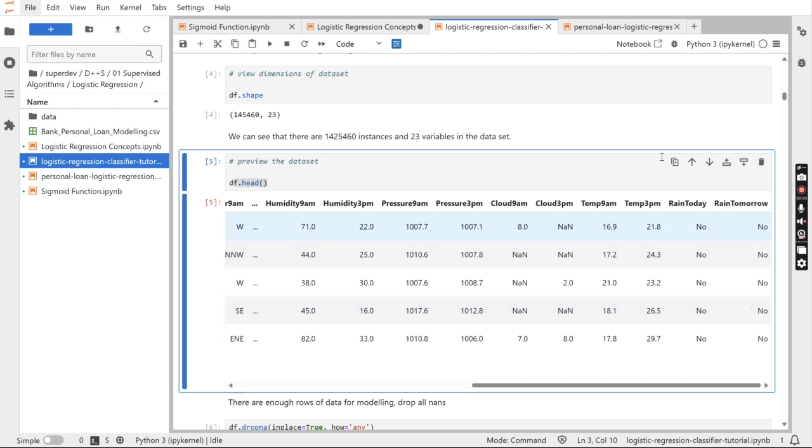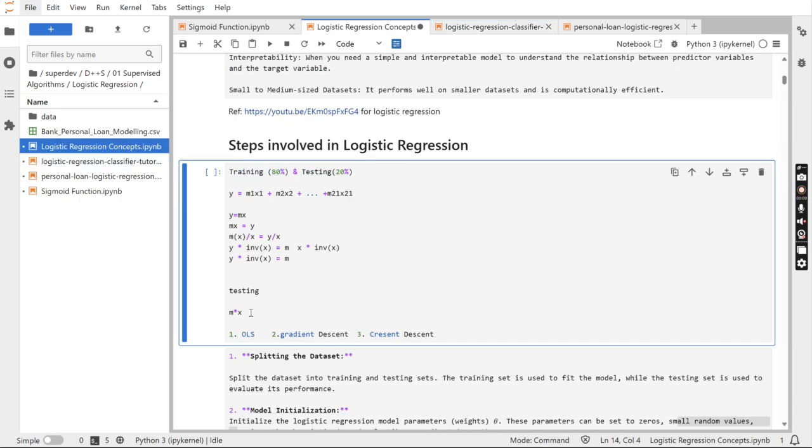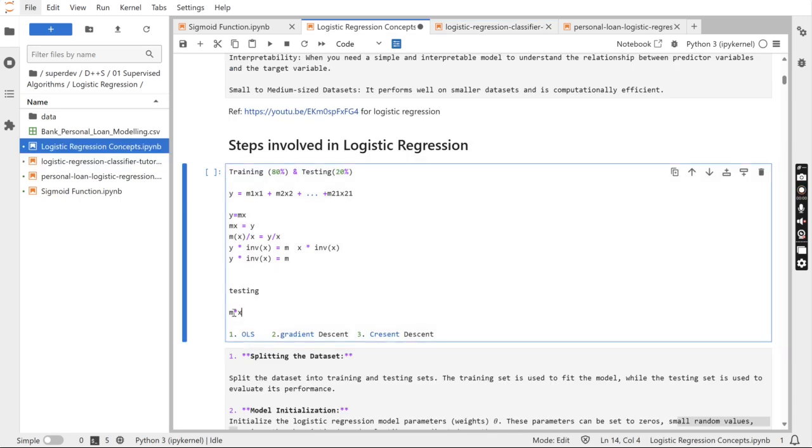That is what you have to predict. How you will predict is by multiplying these calculated m values into x. This will give you y cap, or you can call it y pred. So this x is your x test.